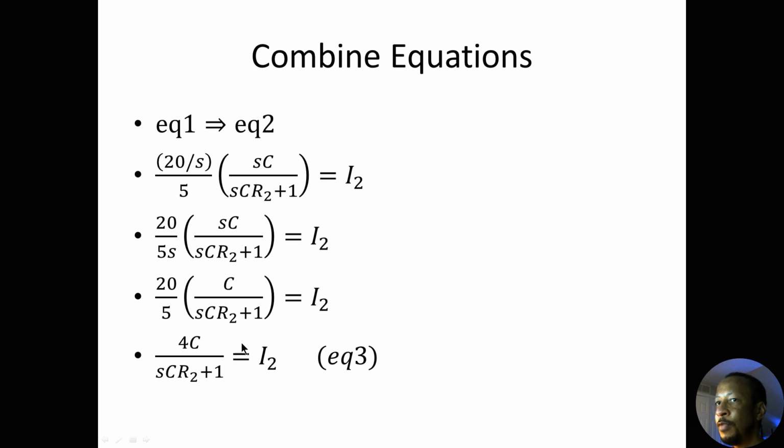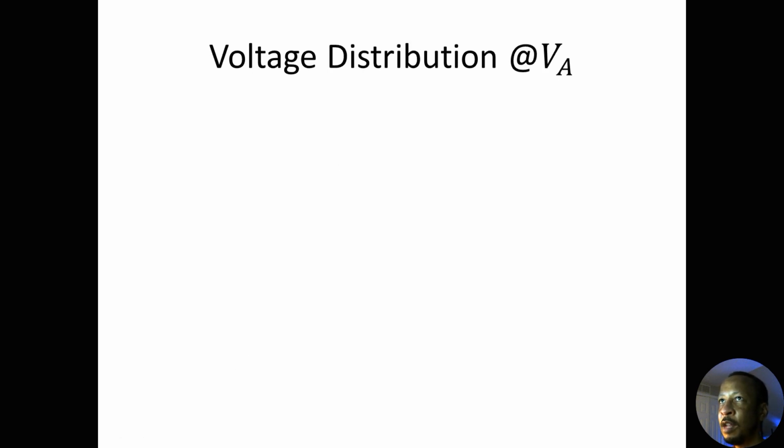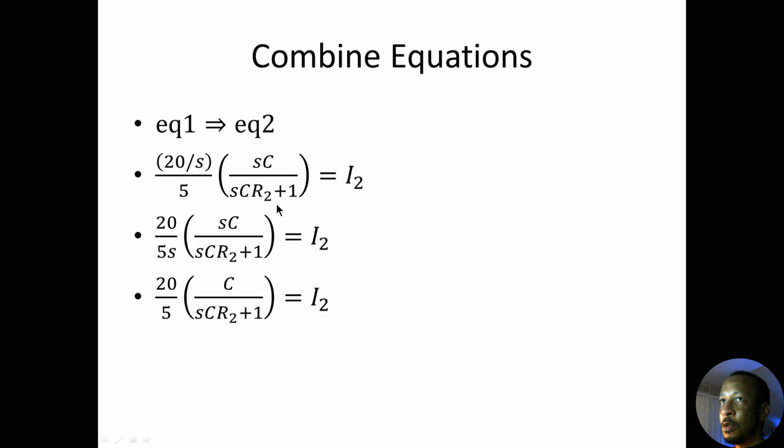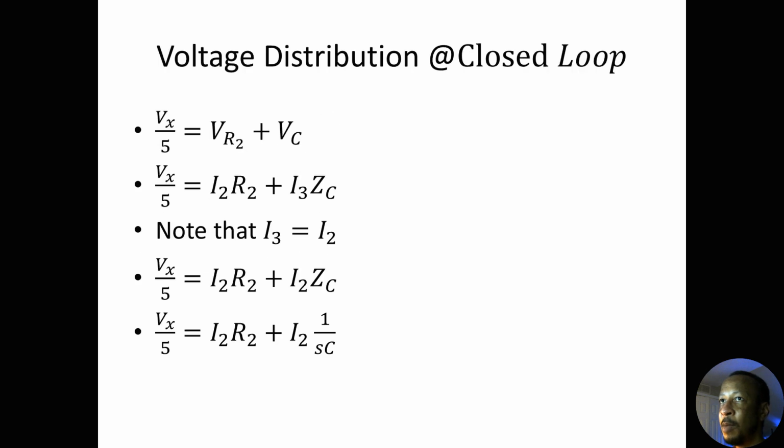Okay, so next, let's take a look at voltage distribution at VA. VA equals Vx over 5 plus Vx minus V of R2. Let's go back to the schematic here.